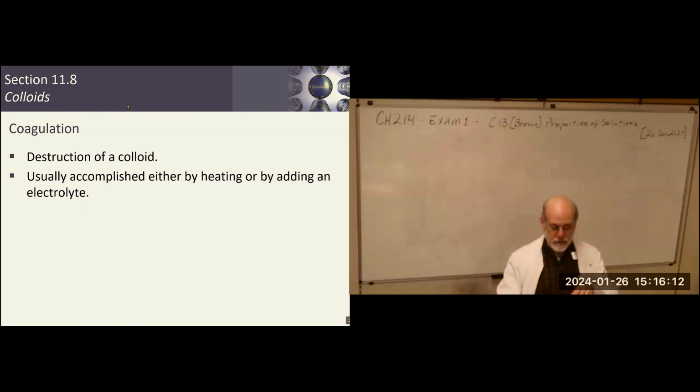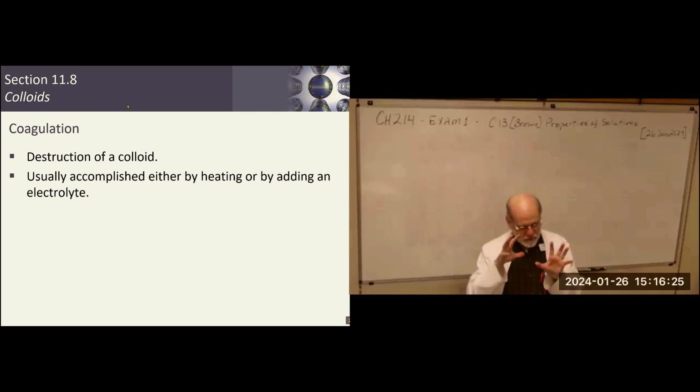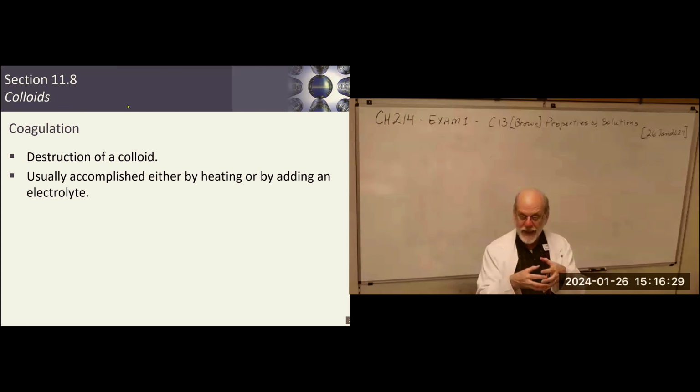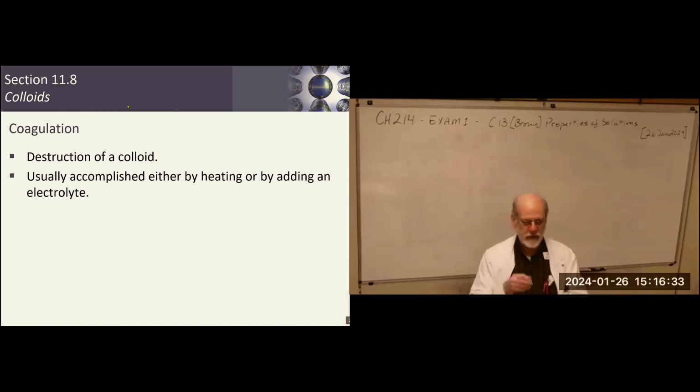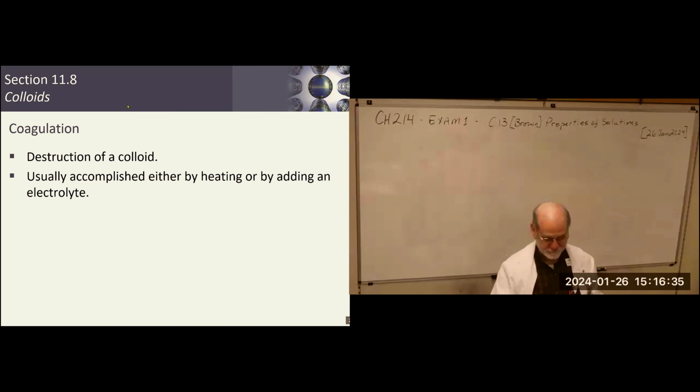If the suspended medium is protein, you can either heat it or you can add an electrolyte. You can salt it out, add salt, and it destroys the structure and causes it to increase in size versus its mass. And then the dispersing medium can't hold it up anymore, and it drops out. That's it.